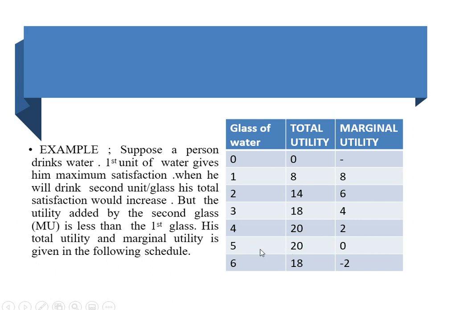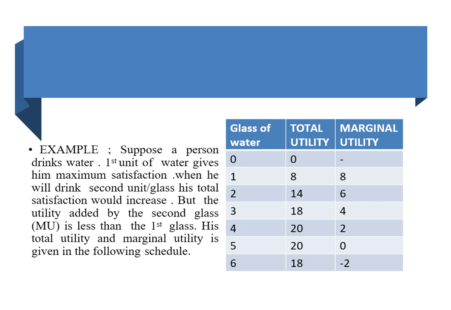When he uses the fifth glass, his total utility is 20 and his marginal utility is 0, because 20 minus 20 equals 0. So at this point his total utility is at its maximum point, and when he still continues to use this good, after this point his utility will become negative.